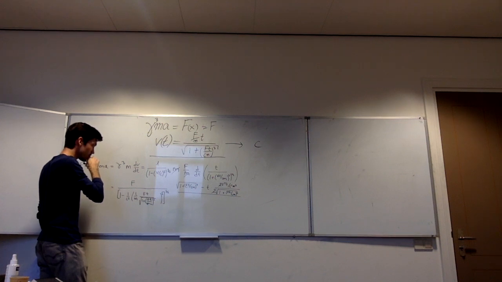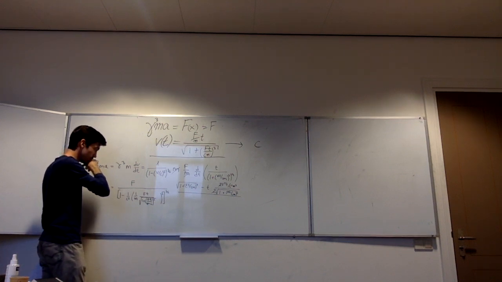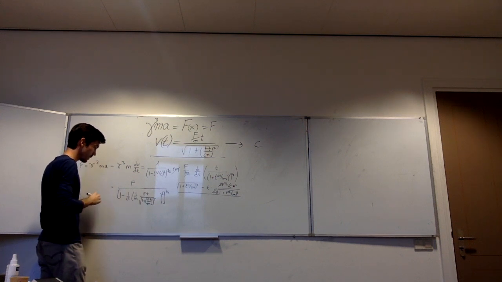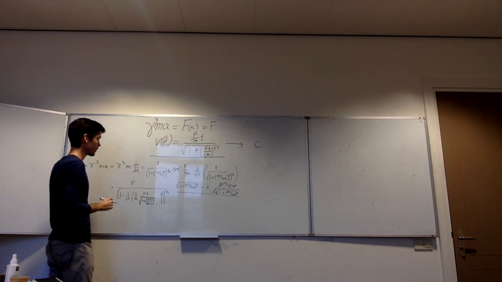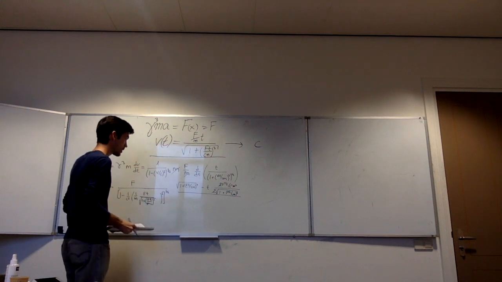Gamma is a function of v, of course, and you just substitute our proposed v into the gamma cubed. That's the first factor, the big one with the square brackets. Then you still have to multiply it with the derivative of t over 1 plus something to the power of 1/2. Yeah, okay.